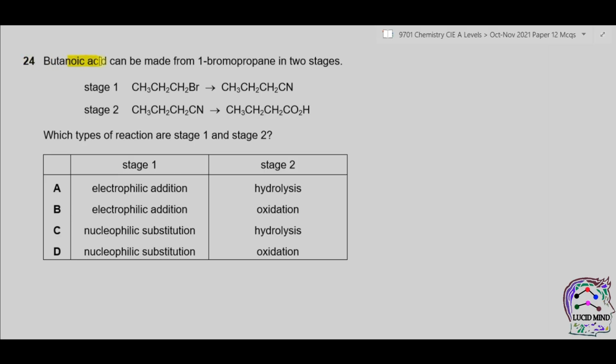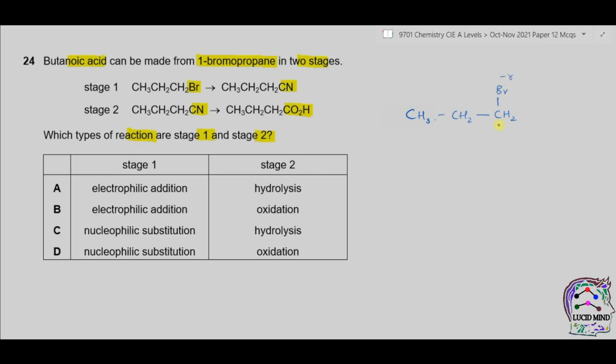Question 24. Butanoic acid can be made from 1-bromopropane in 2 stages. In stage 1, we can see that we have converted Br into CN. In stage 2, the CN that is formed is converted into carboxylic acid. Which types of reactions are stage 1 and stage 2? First one is CH3, CH2, CH2, Br.